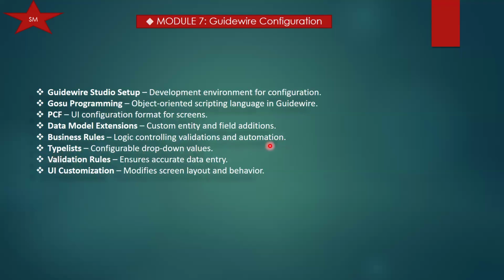And typelist. A typelist is the configurable drop-down values. Basically, whenever you implement any custom form, you might have a lot of fields.